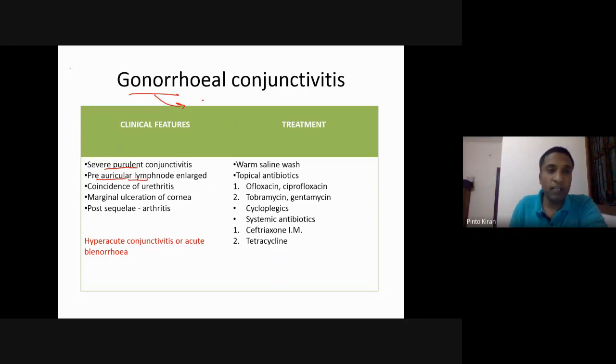Remember, only in bacterial and viral conjunctivitis will you have preauricular lymph node enlargement. How is it different from other forms of conjunctivitis? They can have urethritis, because it's basically a sexually transmitted disease. So the patient will have a coincidence of urethritis.